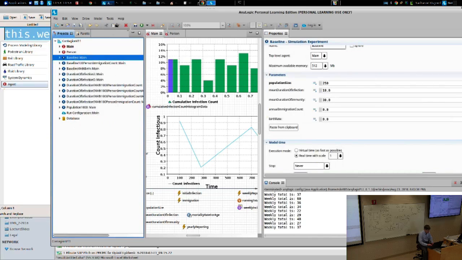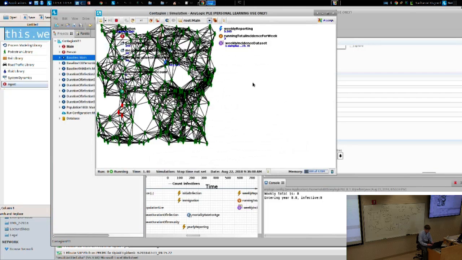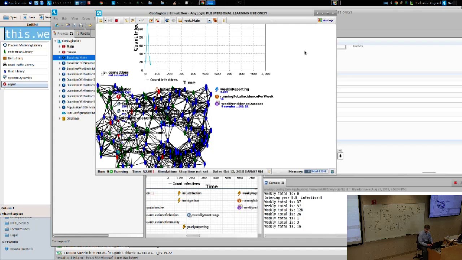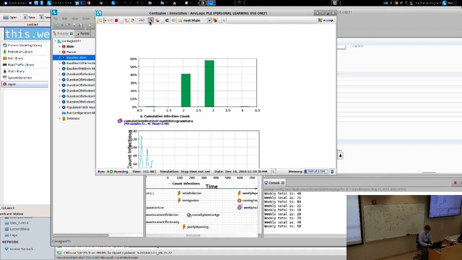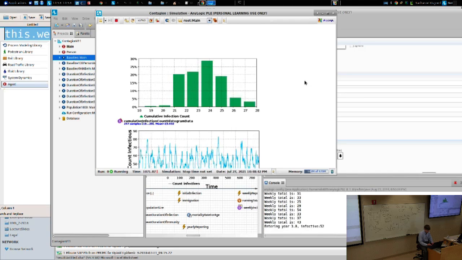Okay, so we're going to run this. Here we go. So we're running it. Time passes on. People spread. Where's that histogram? Does anyone know? It's further up. Ah, look what's going on, ladies and gentlemen. I run it. Look at that.